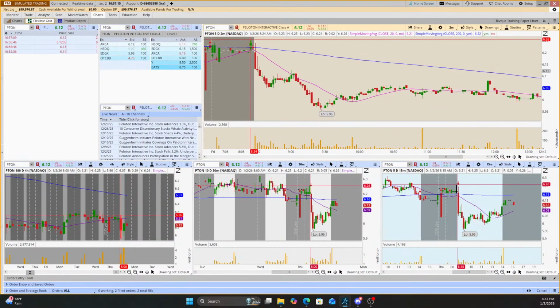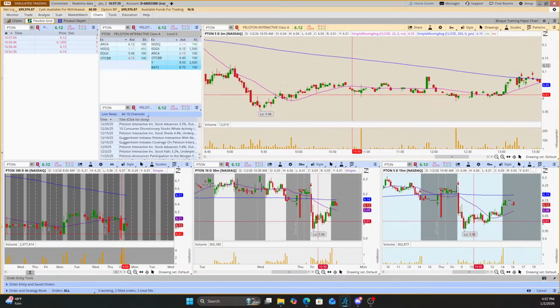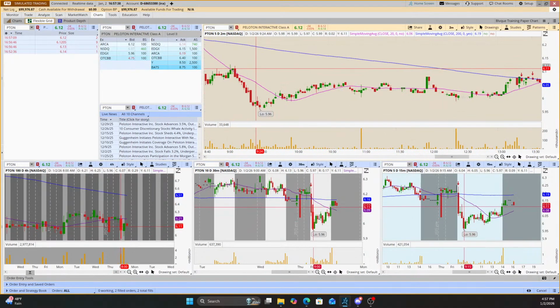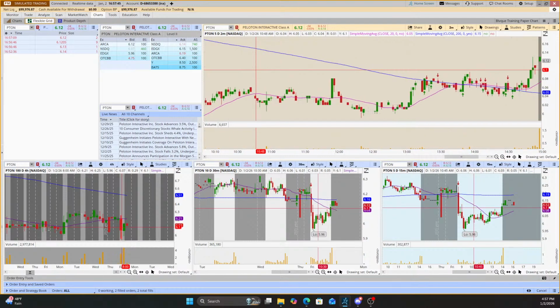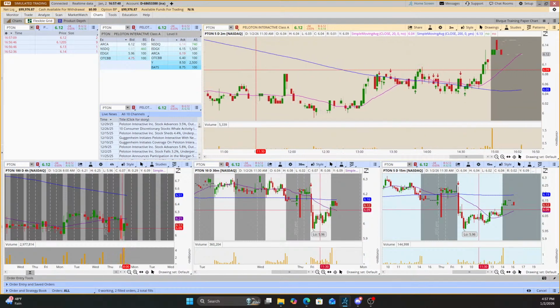We look at the elephant bars, tail, boom. Okay, now buy here, put the stop loss here. Let's see what it did. Has it come back up to knock us out? So we definitely would have got knocked out of this trade.